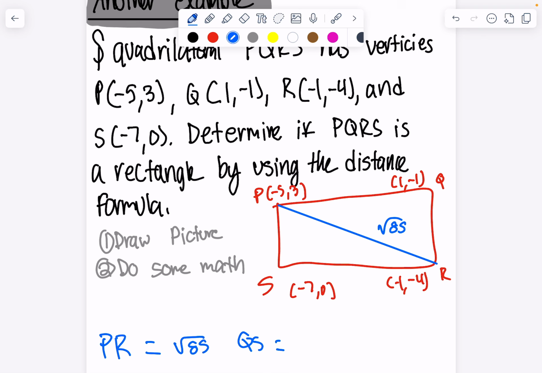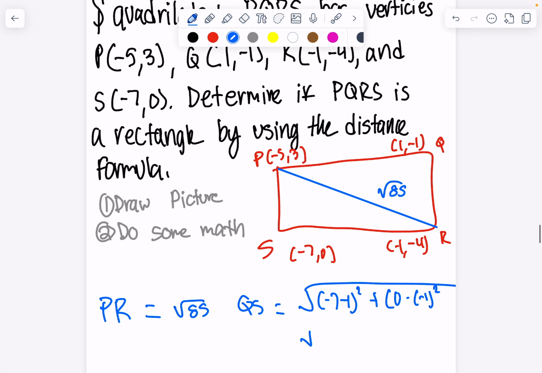QS is the square root of (-7 - 1) squared plus (0 - (-1)) squared. So I get the square root of -7 minus 1, which is -8. 8 squared, 64.